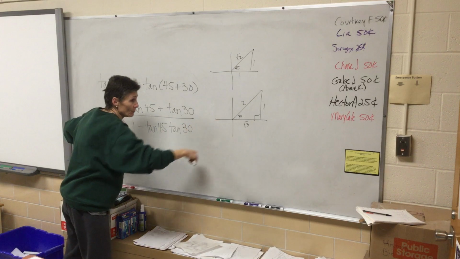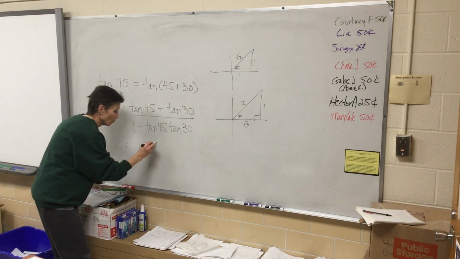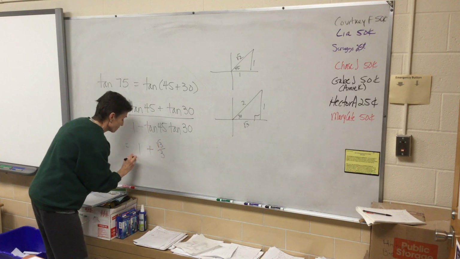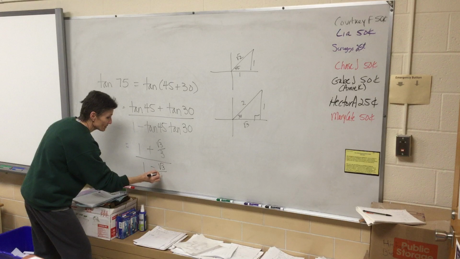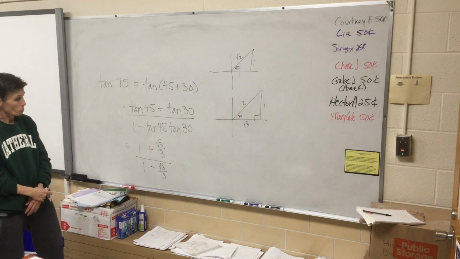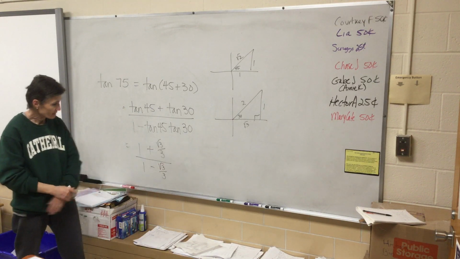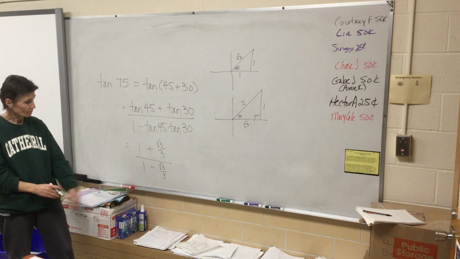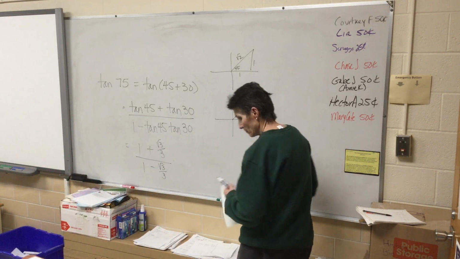The tangent of 30 is 1 over root 3, which is root 3 over 3. And then we have exactly the same thing in the bottom, the same two numbers, tan 45, tan 30. So when I multiply 1 times the tangent of 30, I just get that. Okay, everybody still with me?